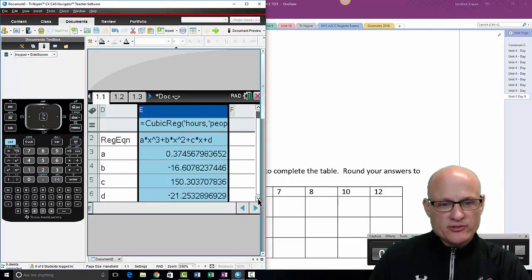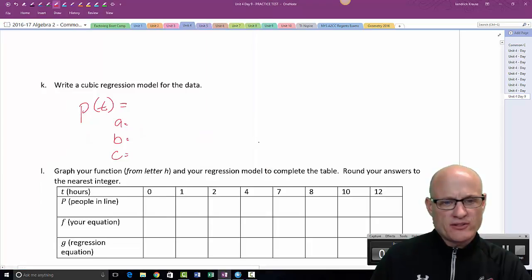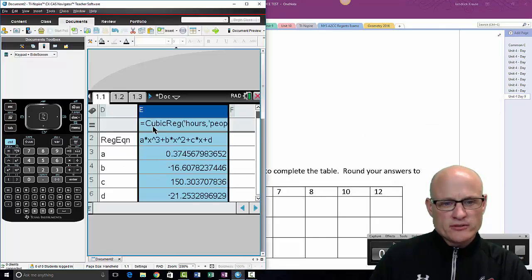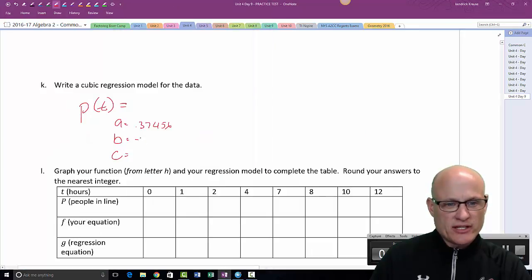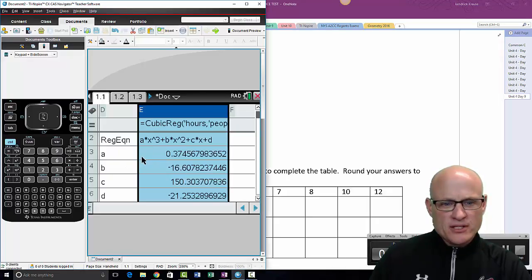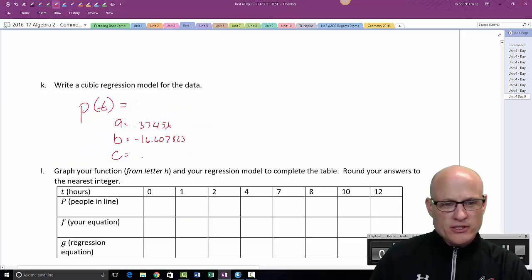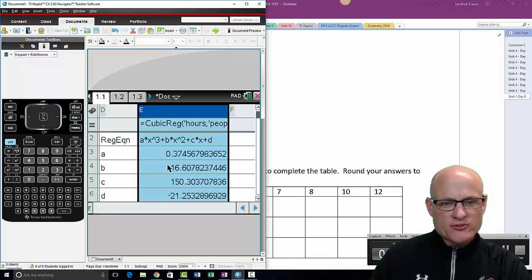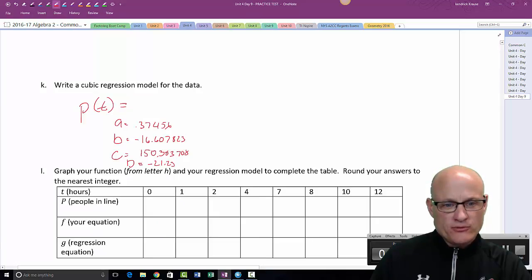A is 0.37456, B is negative 16.607823, C is 153.03708, and D is negative 21.25329.